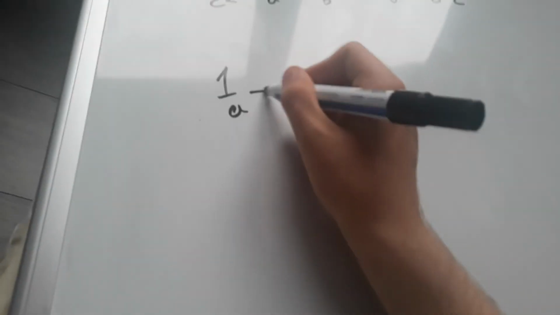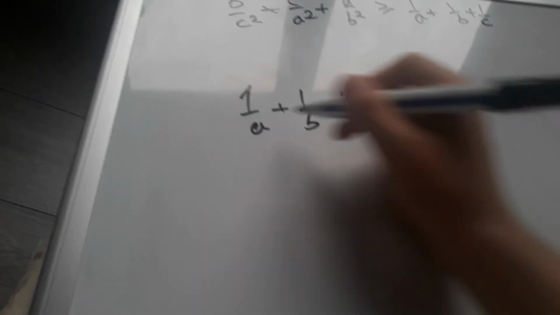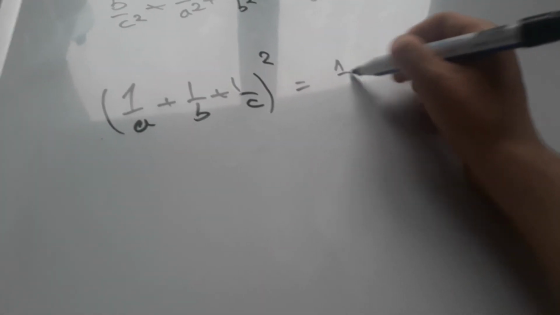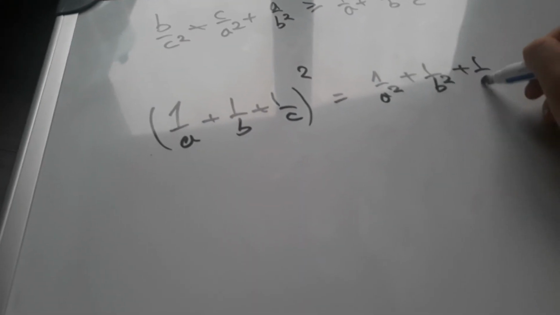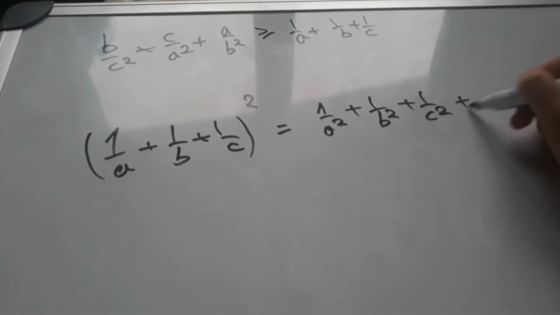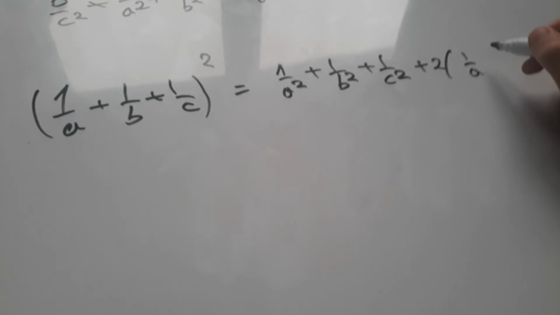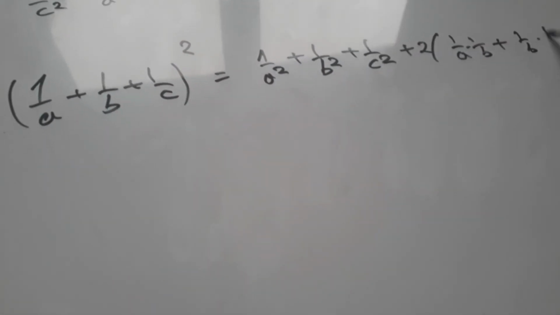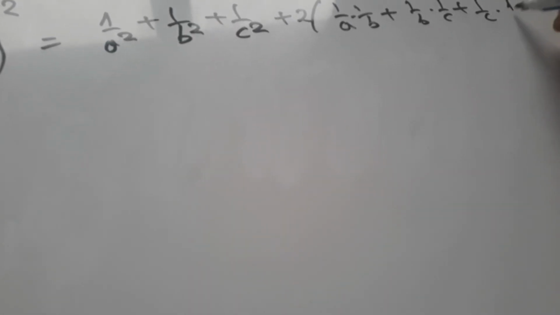Here I have a nice observation. (1 over a plus 1 over b plus 1 over c) squared is equal next to 1 over a² plus 1 over b² plus 1 over c², and then plus 2 times the quantities 1 over a times 1 over b plus 1 over b times 1 over c, and then plus 1 over c times 1 over a.